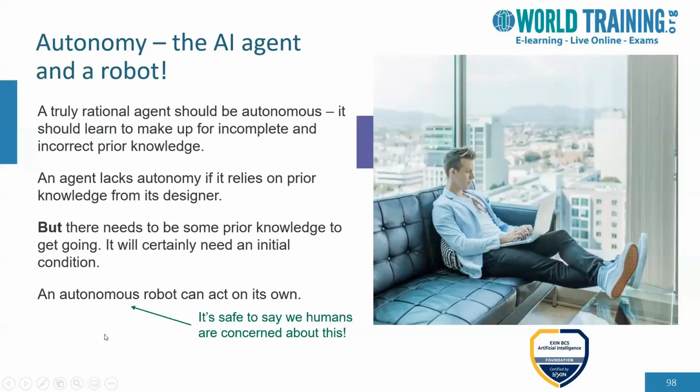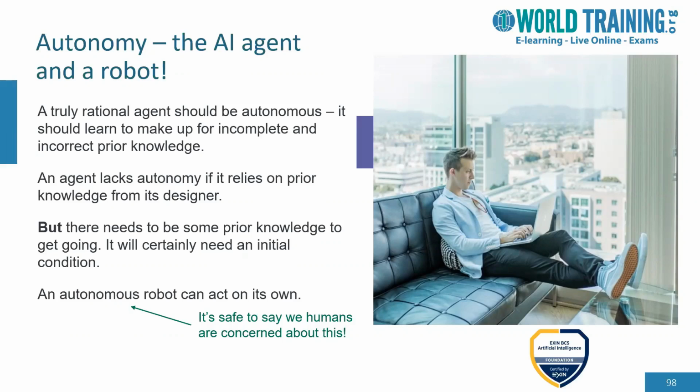As we now discuss the autonomy of the AI agent and the overall robotics part of it, we always say a truly rational agent certainly has to be autonomous in nature. So it has to be self-propelled, it has to be self-learning, it should learn to make up for any kind of incompleteness of information around it.